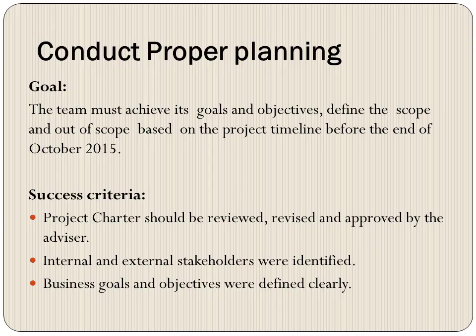Our goal here is the team must achieve at least its goals and objectives, and will define the scope and out of scope based on the project timeline before the end of October 2015. In our success criteria, our project charter should be reviewed, revised, and approved by the advisor, and internal and external stakeholders were identified. Also, business goals and objectives were defined clearly.